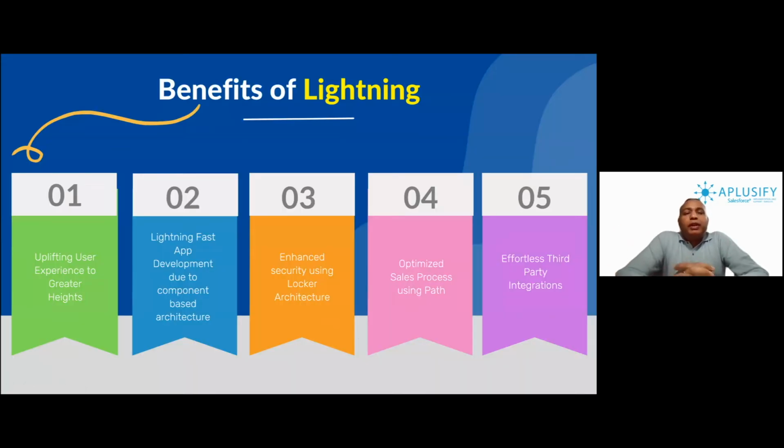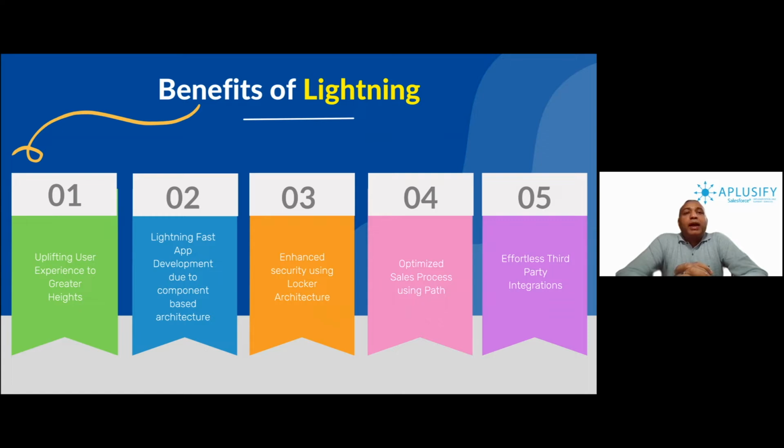Before we start talking about the migration process, I think it's important to learn what benefits we get from Lightning. There are many benefits, but these are the top 5 which I think are very important and which you should understand. Number 1, as you might know, is that Lightning is more about the user experience and the user interface.